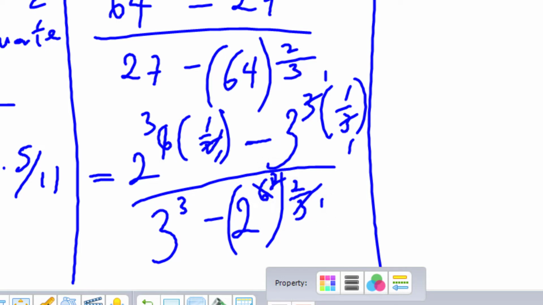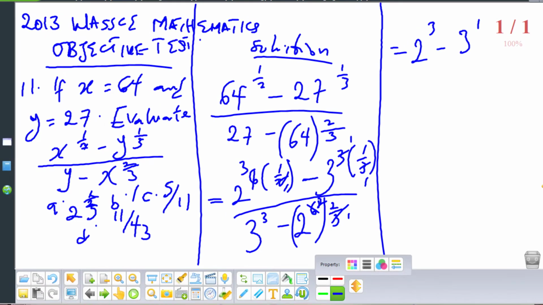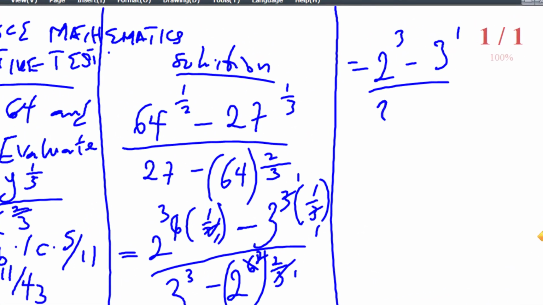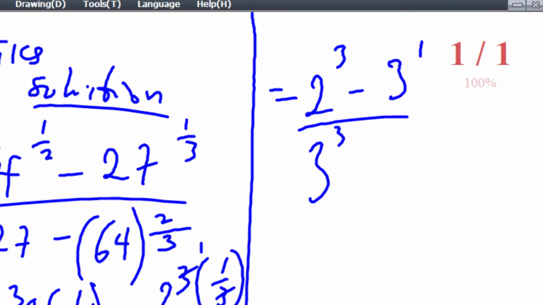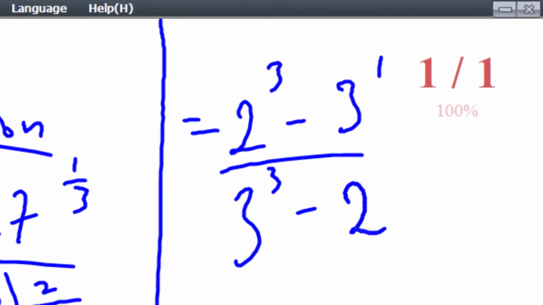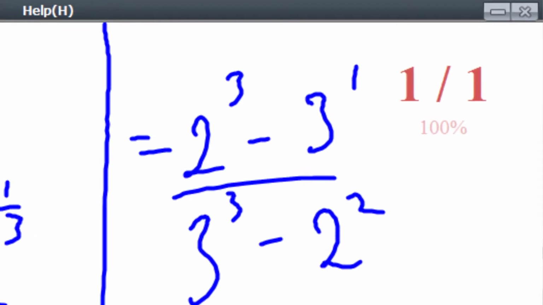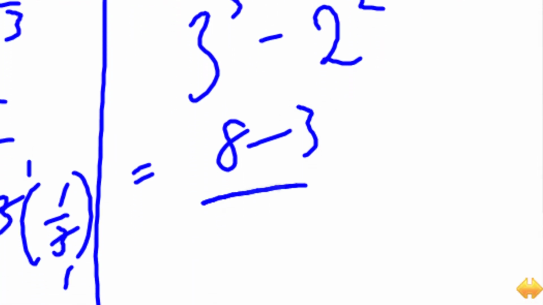So we evaluate further by saying we are going to be having 2 raised to power 3 minus 3 raised to power 1 all over 3 raised to power 3 minus 2 raised to power 2. So, in other words, this is actually going to be 8 minus 3 all over 27 minus 4.